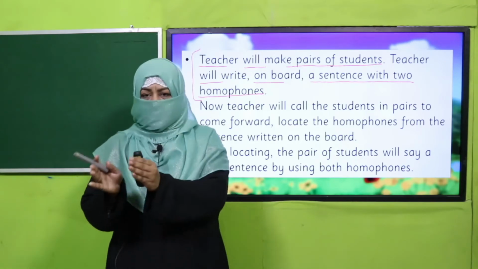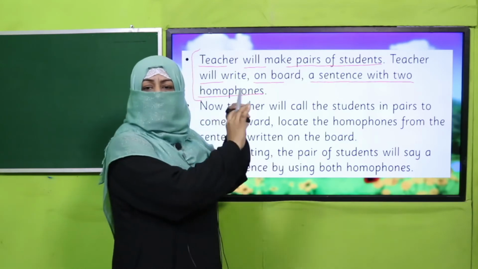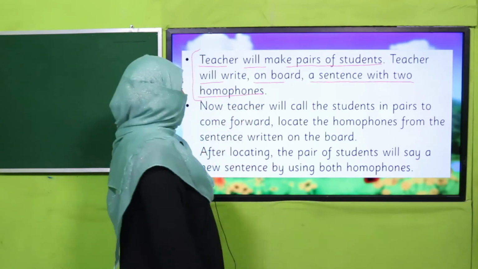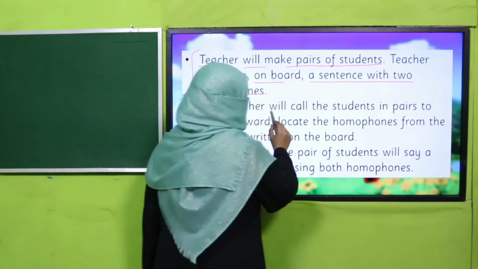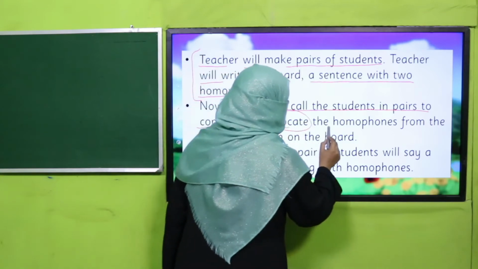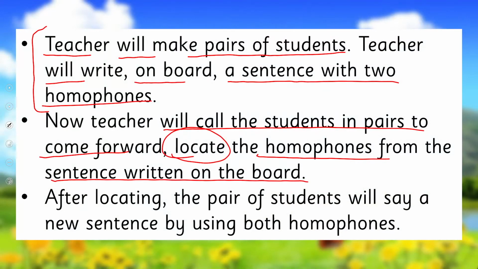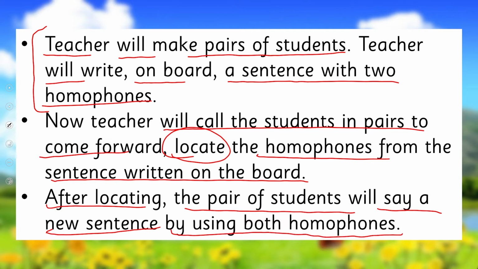So first you will divide your class into pairs, and you will write a sentence on the board having homophones. Now what will you do? You will call the students in pairs. They will come, they will locate the homophones from the sentence written on the board. And after locating, the pair of students will say a new sentence by using both homophones.